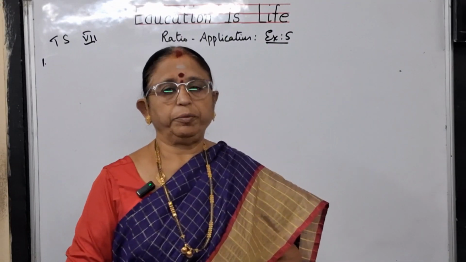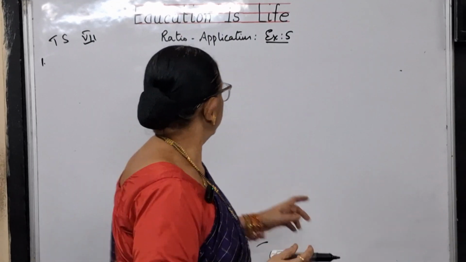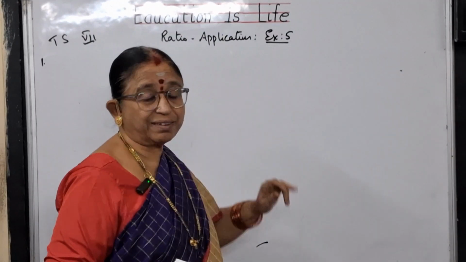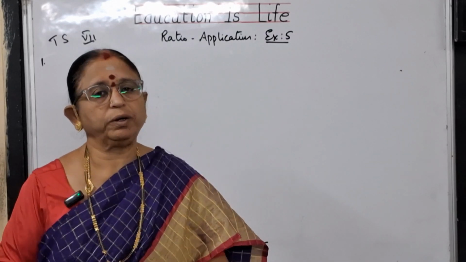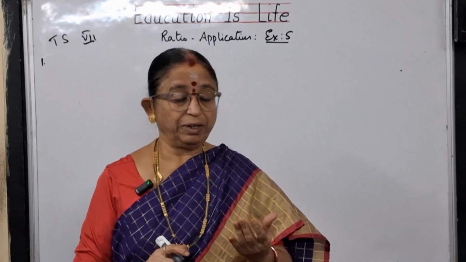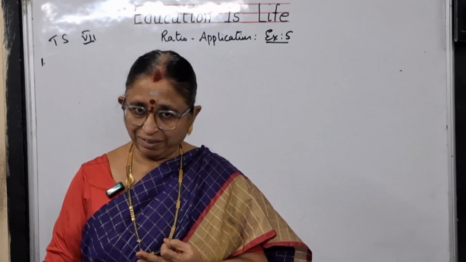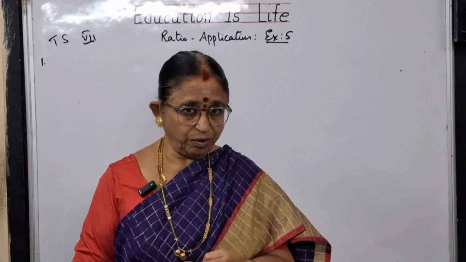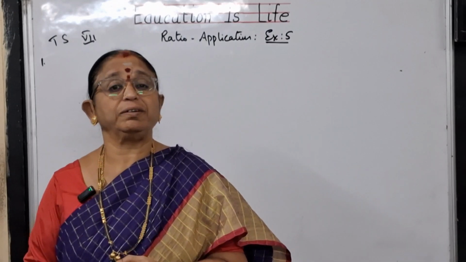Today I am doing 7th class ratios and application exercise 5. For this, I have already taught you about various formulae like what is cost price, what is selling price, what is gain and what is loss, what is gain percent, what is loss percent.